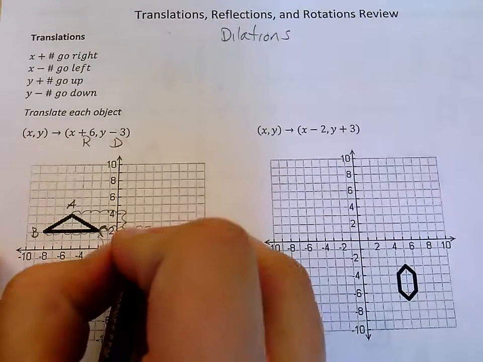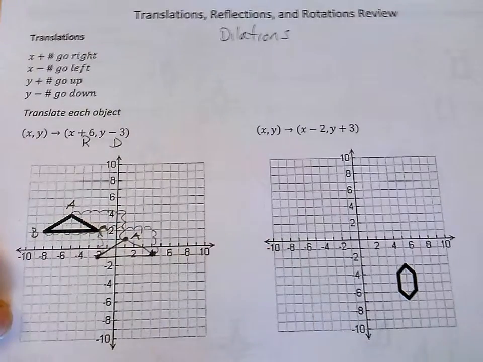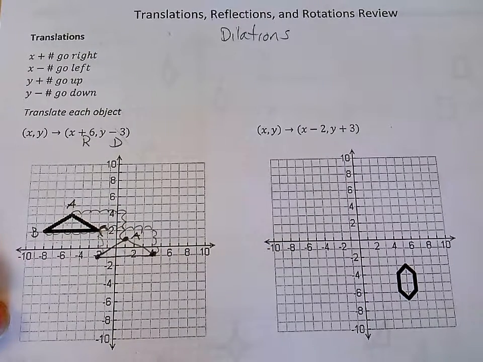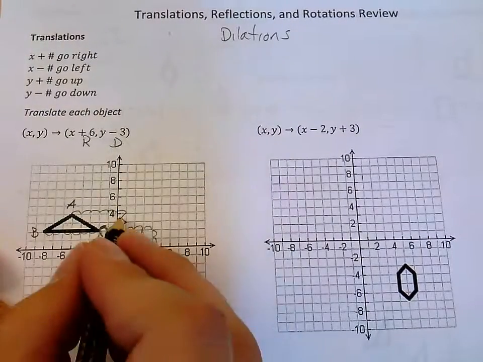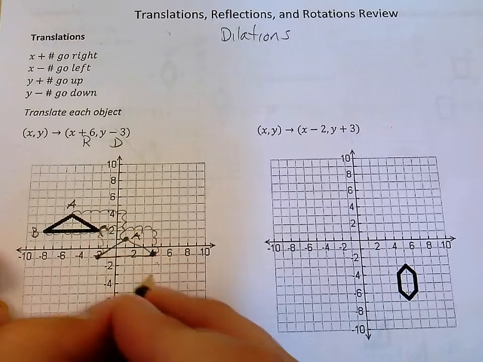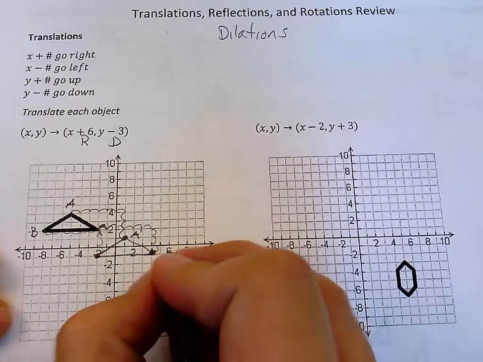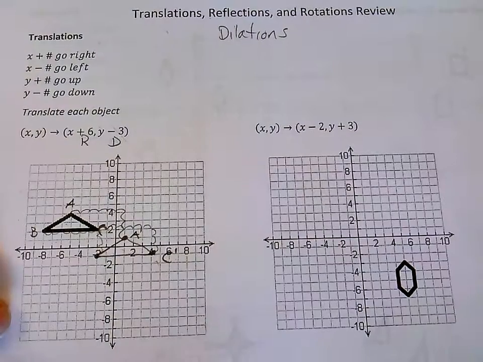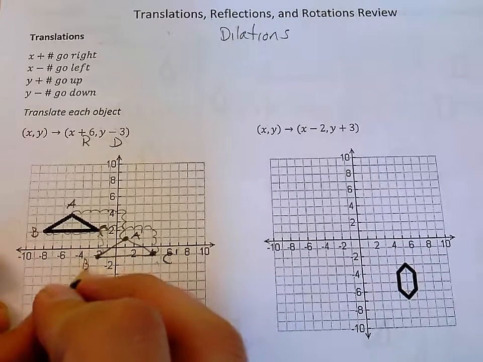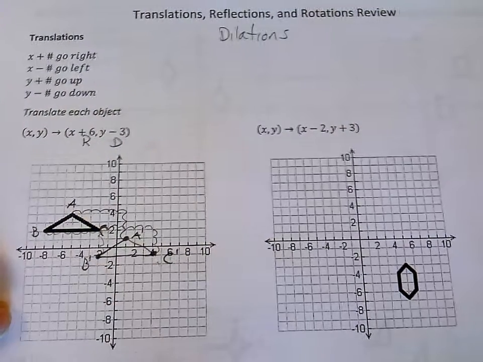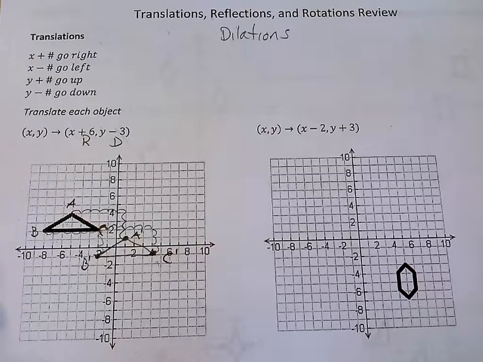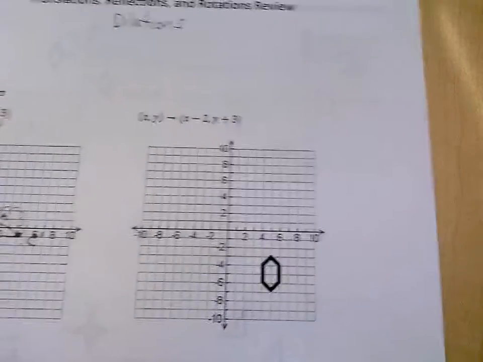You make a prime by putting a little apostrophe right there. This one right here came from C, so you go from here to here, so this is C prime. This one would be B prime, okay? Same idea.